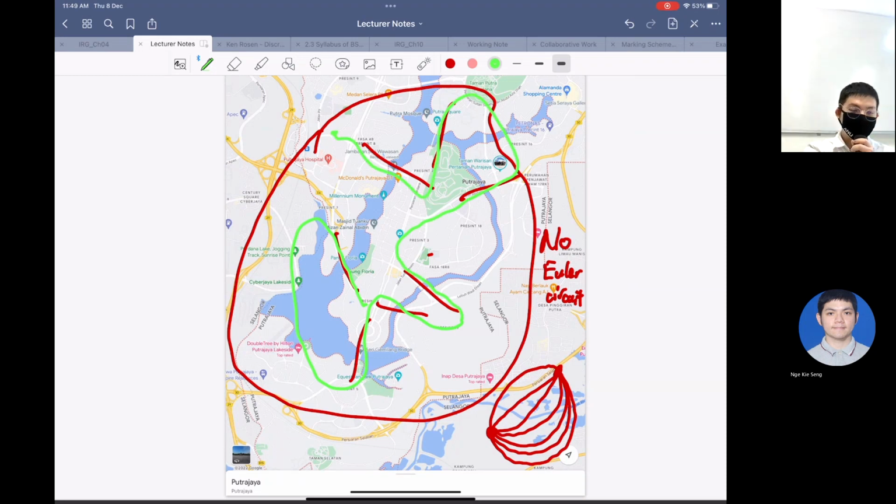If you start outside Putrajaya, you must end inside Putrajaya. Through the river, yes. So if you walk the Euler path, you must start and end at different spots. Okay. Next.